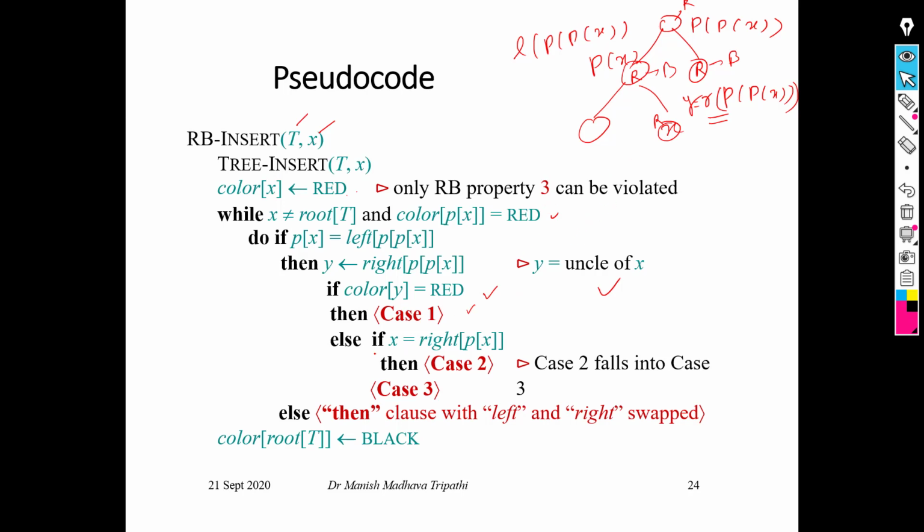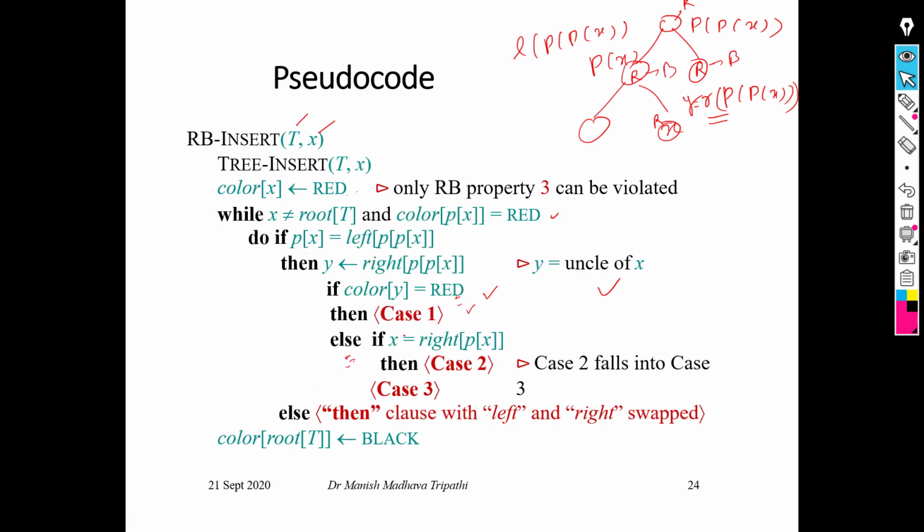Again, case 2. Case 1 occurs when the uncle was red. So in the else case, the uncle will be black. If we are using else here, that means the uncle is automatically black. So else, that means case number 2 and 3. In both cases, the uncle is black by this else.